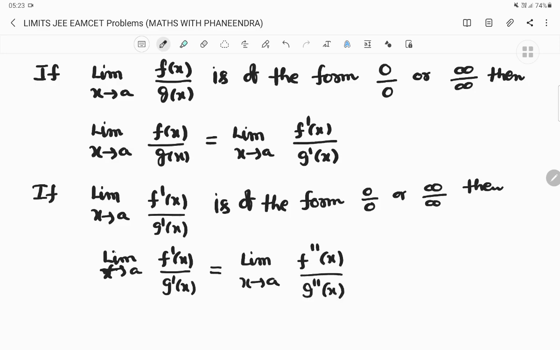One more time you have to differentiate numerator and denominator.